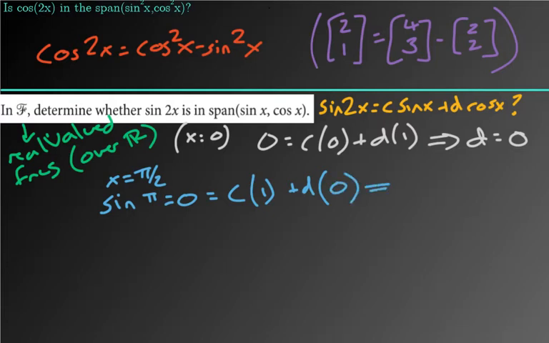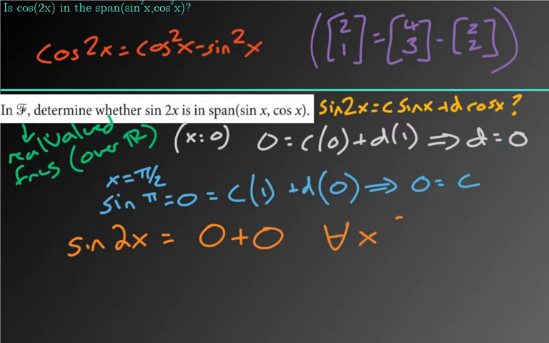And so what this implies is that 0 equals c. So now what we're trying to say is, can we have sine 2x equal 0 plus 0, because we got both of these to be 0, for all x, right?